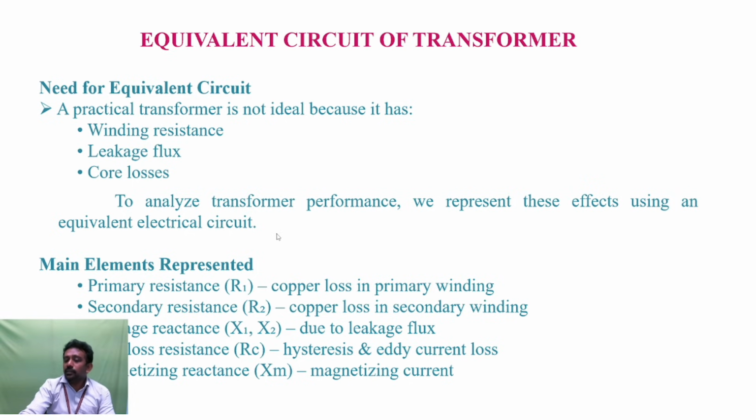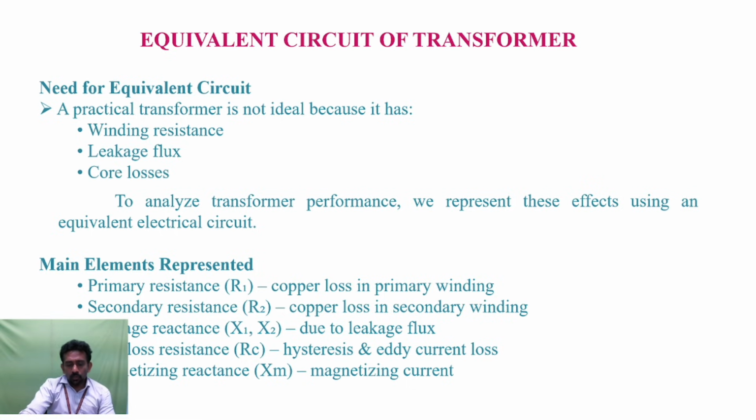The main elements represented are the primary resistance, which is responsible for the copper loss in the primary winding, the secondary resistance, which is responsible for the copper loss in the secondary winding, and leakage reactance, where both primary and secondary leakage flux are considered during the operation of the transformer.